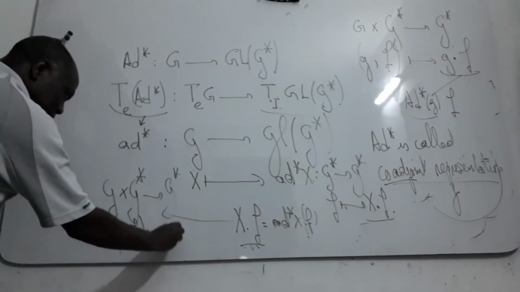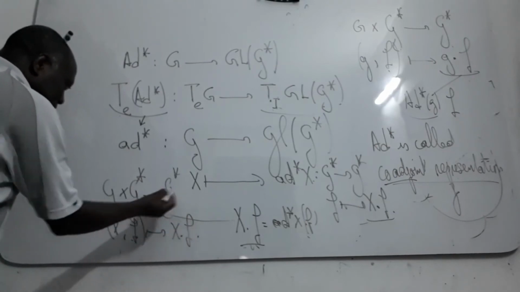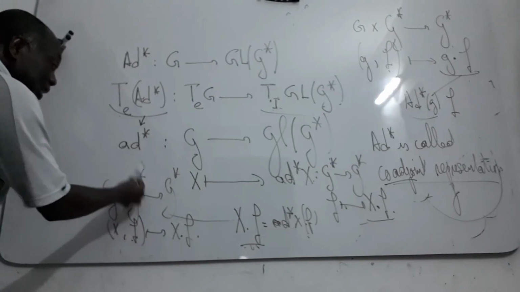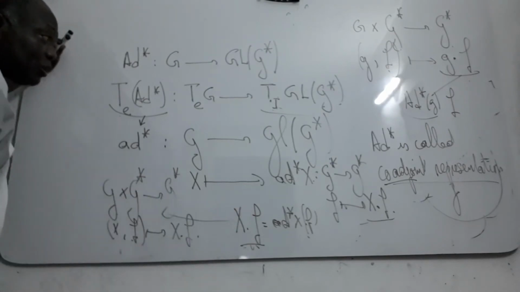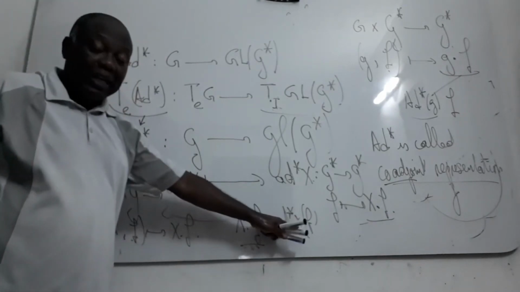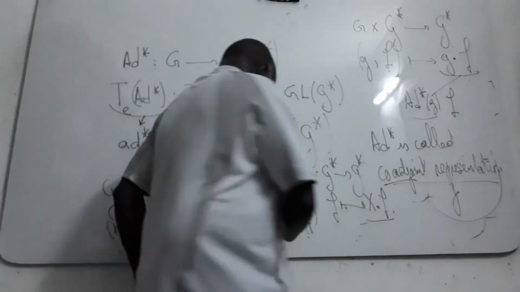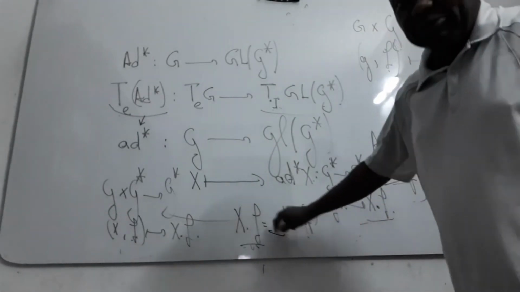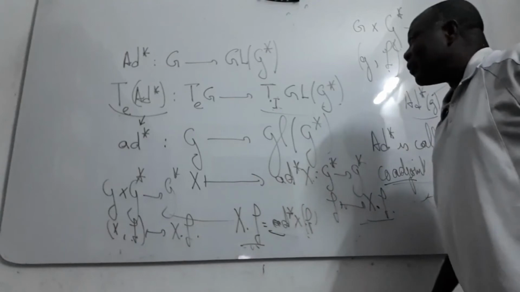It is just the action of the Lie algebra operating on this linear form. This is called the co-adjoint representation of the Lie algebra. This one is for the group, and this is for the Lie algebra also. Just a remark. Okay.